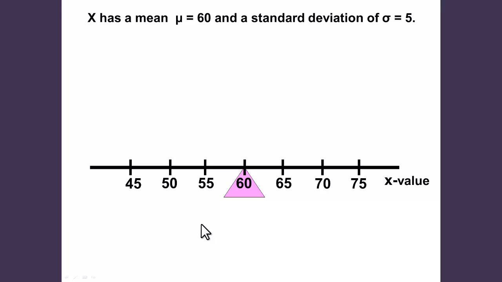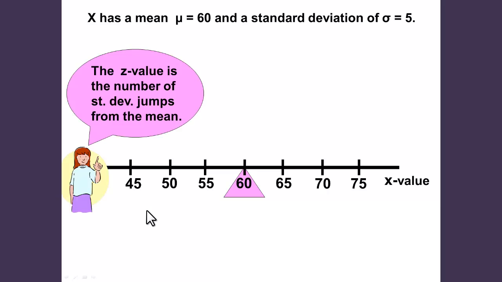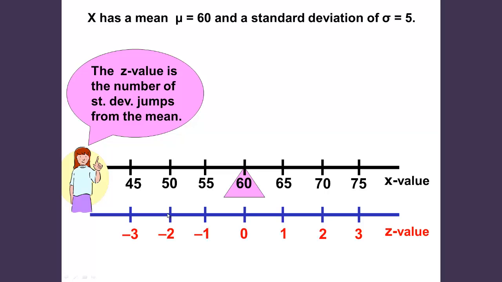To sum up what we have discovered so far, we have a number line with x values with a mean of 60 and a standard deviation of 5 as illustrated here. The z-value is the number of standard deviation jumps from the mean. This can be used to create the corresponding z-score as shown below our original number line.